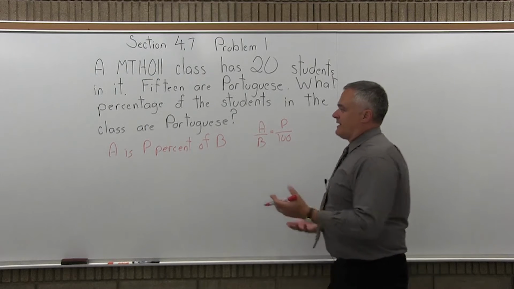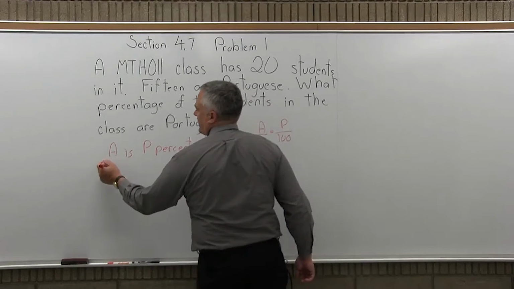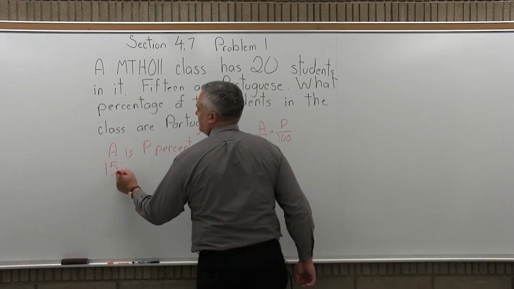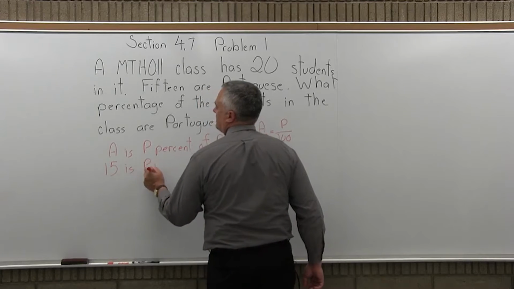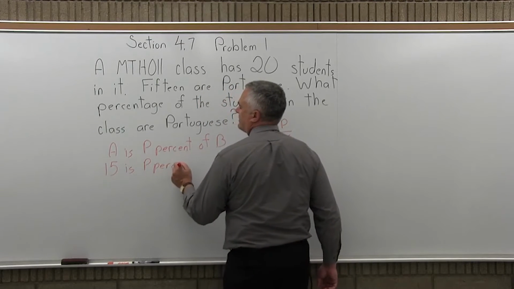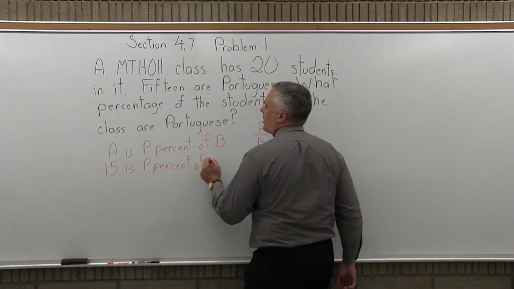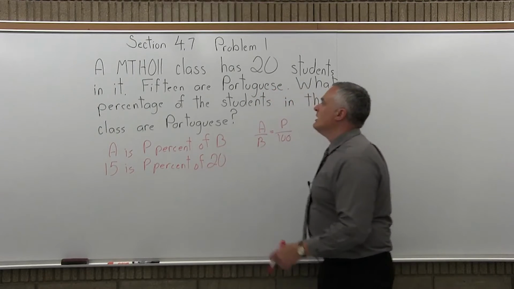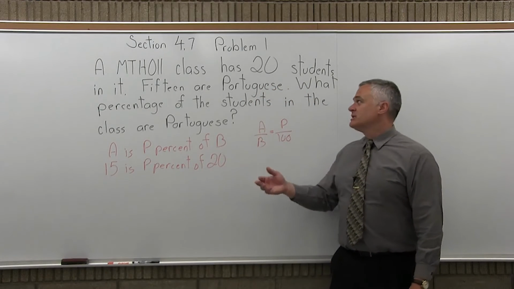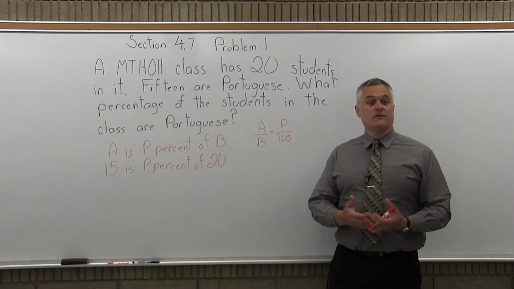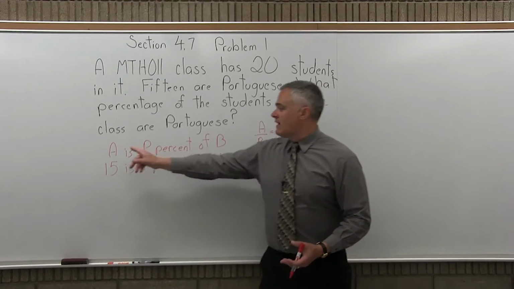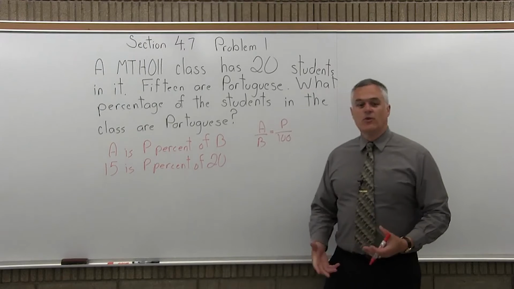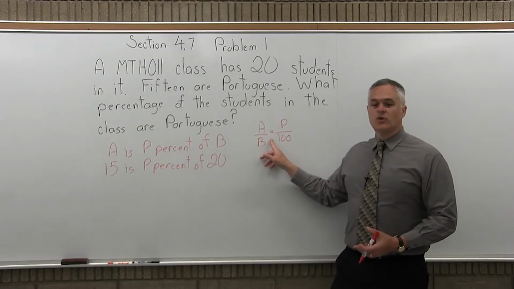To convert that into this sort of a sentence, we want to ask ourselves: 15 is P% of 20. That's how we have to start it. So 15 of the students in the class are Portuguese. There's 20 students altogether. We want to know 15 is what percent of 20. That follows our A is P% of B format, and we can fill it into this formula.